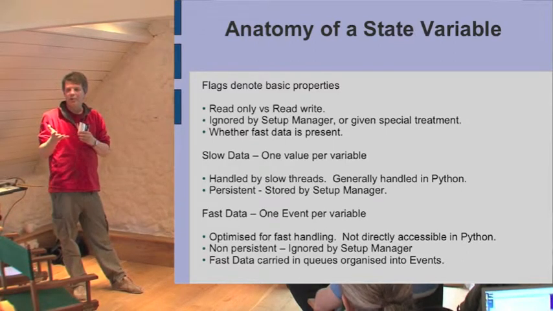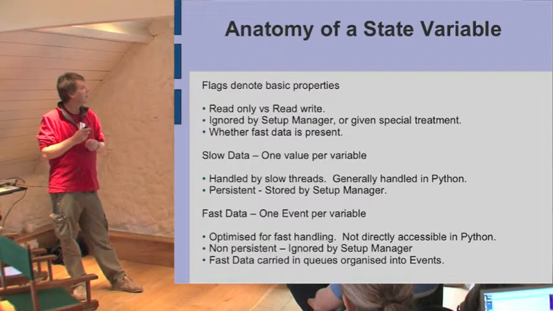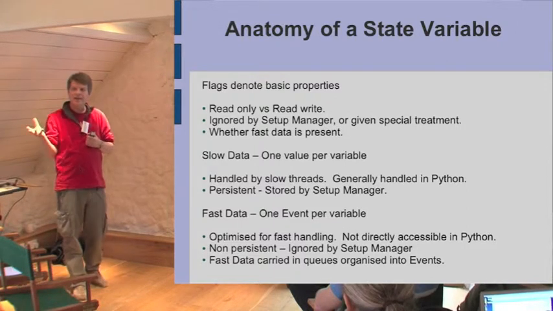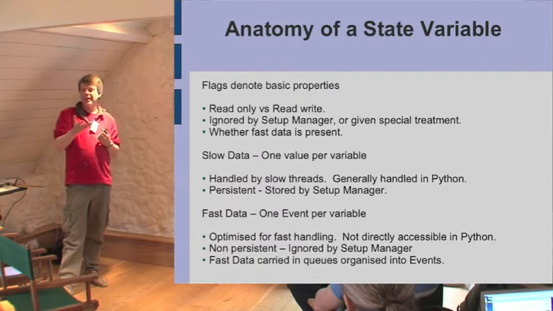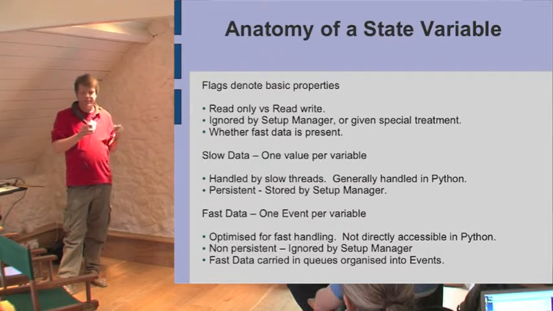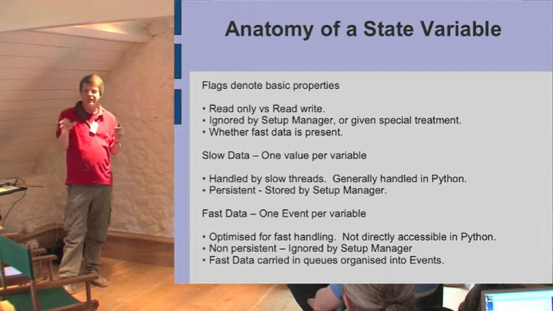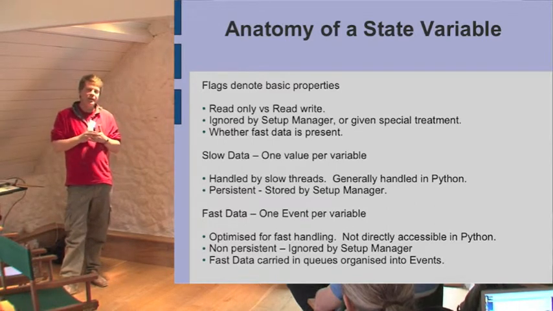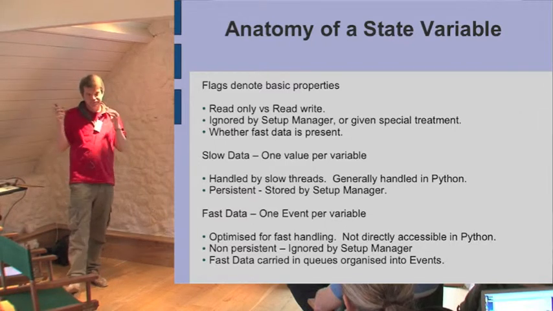It's not really performant because it's generally handled by Python. A state variable can also have a single fast data stream, which is our performance data. That's not handled as simple values like we see there. Fast values are communicated via ring buffers, and generally the ring buffers are passed around rather than the values themselves.